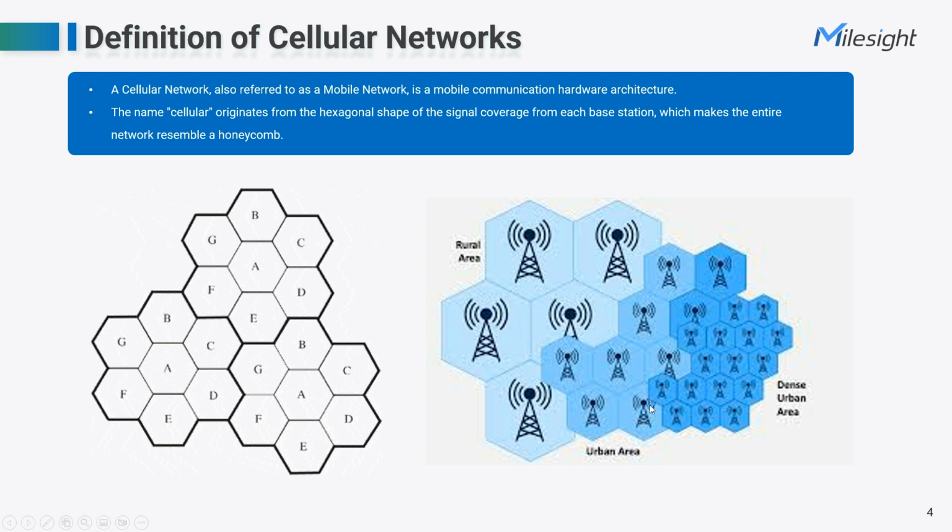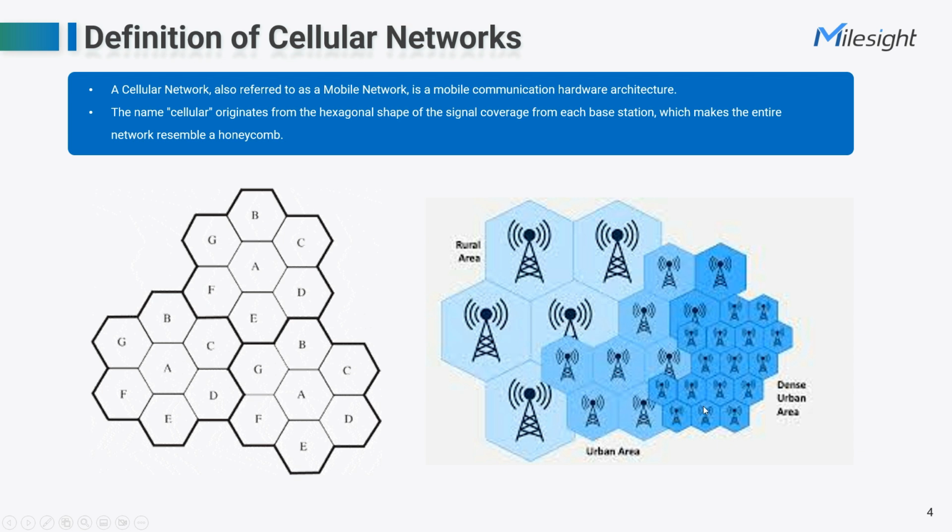The reason it's called cellular is because the coverage areas of these signal towers are shaped like hexagons, kind of like a honeycomb. If you look at this diagram, you'll see the area is divided into cells. Each cell has its own tower, and each tower uses a different frequency than its neighbors. By arranging them in hexagons, you only need 7 different frequencies to make sure no 2 adjacent cells are using the same one.